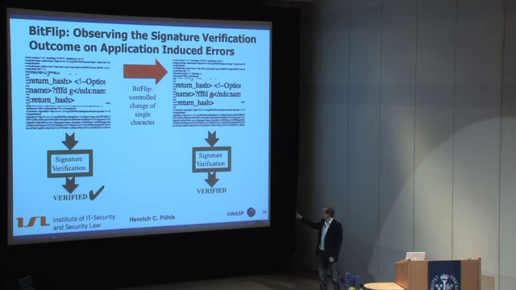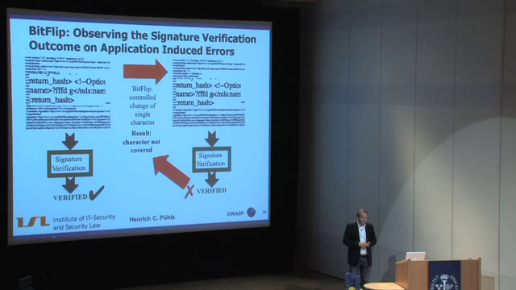And if the outcome would be verified, that would actually mean that we can change something here, and the result is that this character is not covered by our signature process. So the signature process does not care if we change anything at this position in the XML.